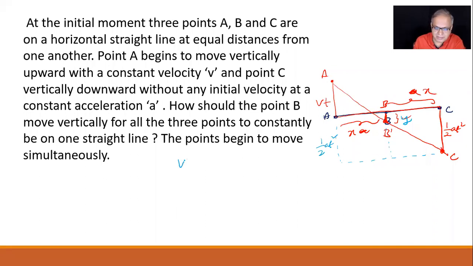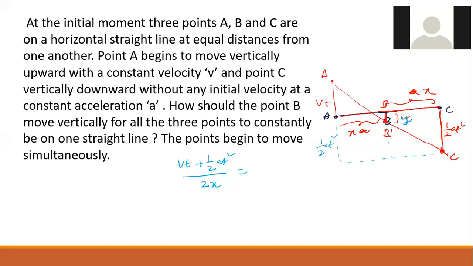So Vt plus half at square, this distance, by 2x, this by this is equal to what? Half at square minus y by x. Is it okay, children?